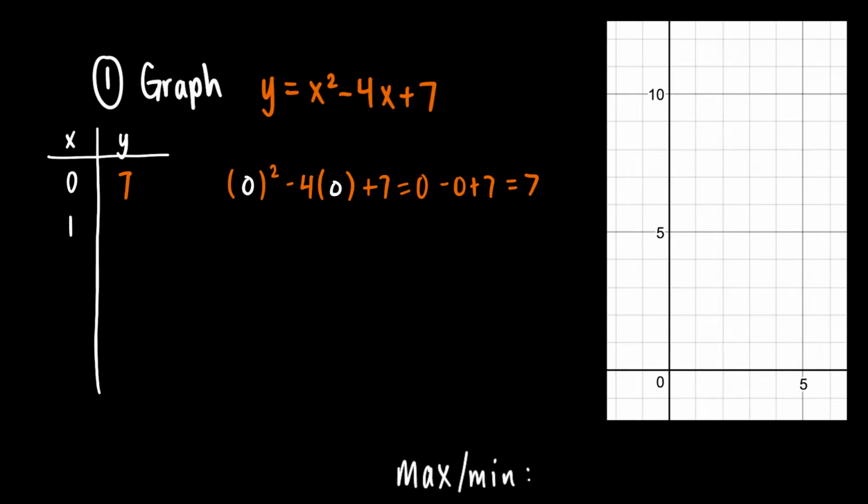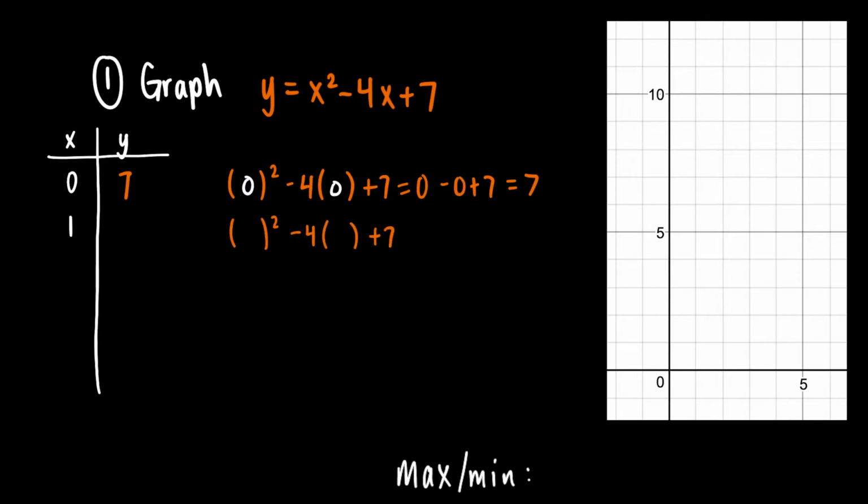And typically quadratic functions, especially when you're close to what we call the vertex, which we'll talk about in a minute, they don't move a whole lot. If you're far away from the vertex and you scoot over 1 with the x, sometimes the y value changes dramatically. So, okay, we're going to do the input squared minus 4 times the input plus 7.